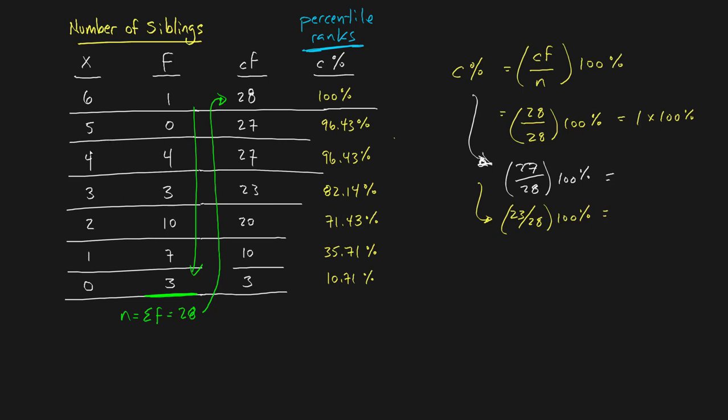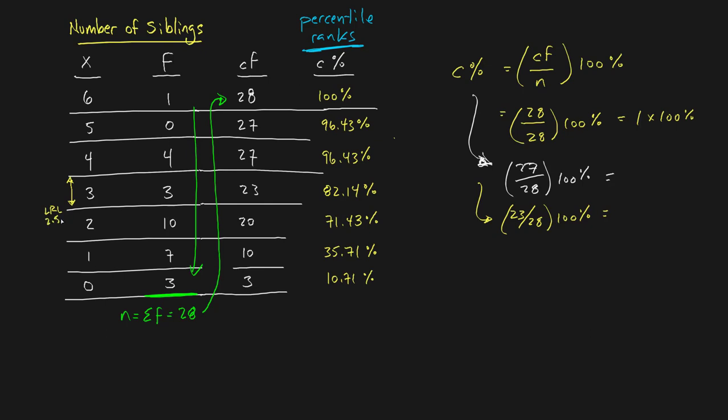Now, if I wanted to talk about any one of these categories, let's take this category of 3 here. I can't really say that 82.14% of people scored or reported a score of 3 or lower, because the category itself covers a range. It goes from the lower real limit of 2.5.